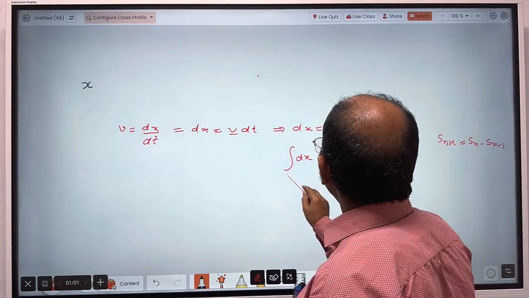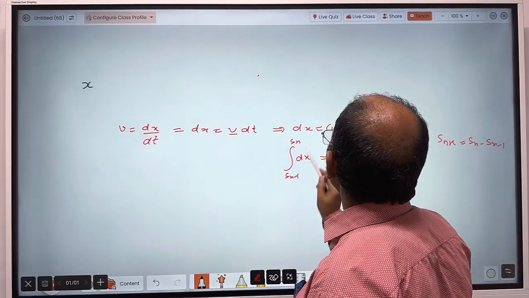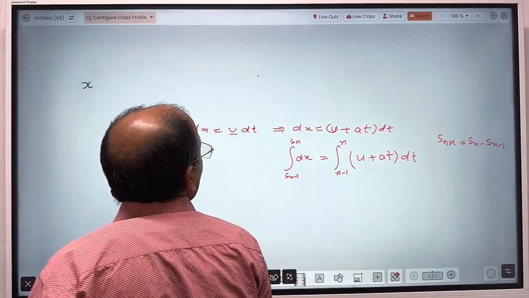Here distance is changing from Sn minus 1 to Sn. Let's proceed.